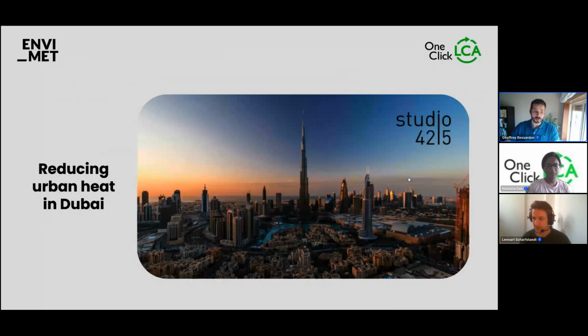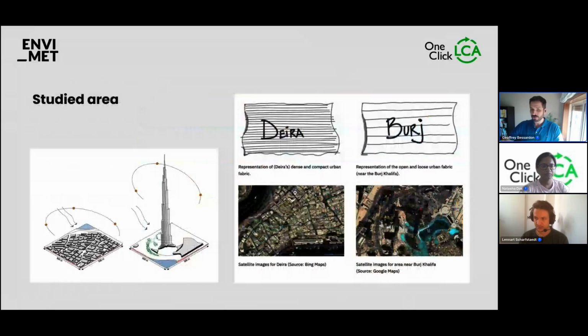So the idea is, well, we need to reduce heat in Dubai because, I mean, I've been only once, but it's really warm there. So that's something you need to look at. And two ways to do this is actually, it's an interesting case because you have two types of city layout. So you have the layout around the Burj Khalifa where it's kind of open and loose fabric with only a single, the greatest tower in the world.